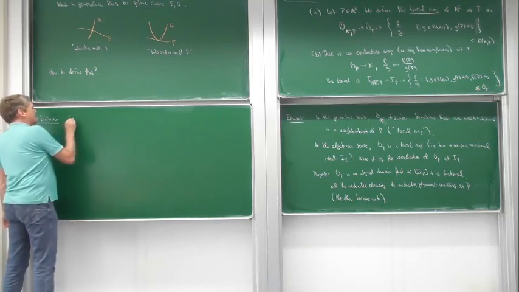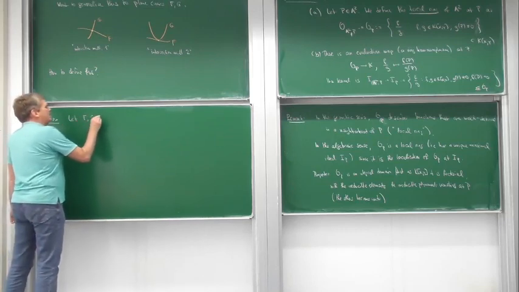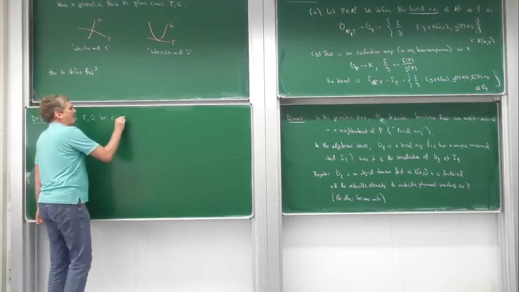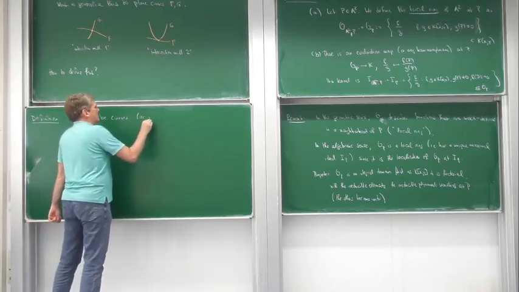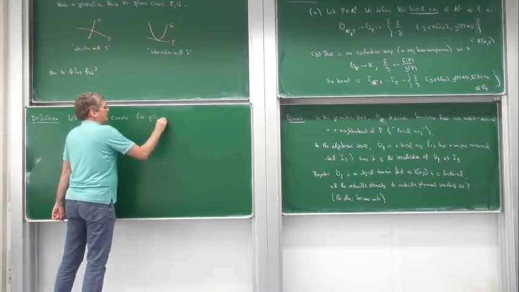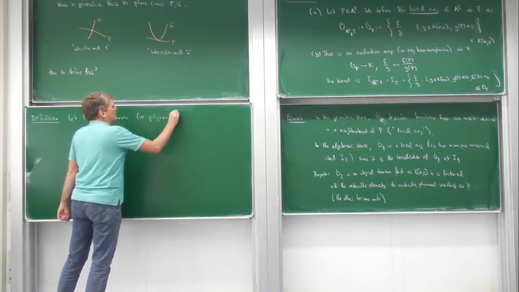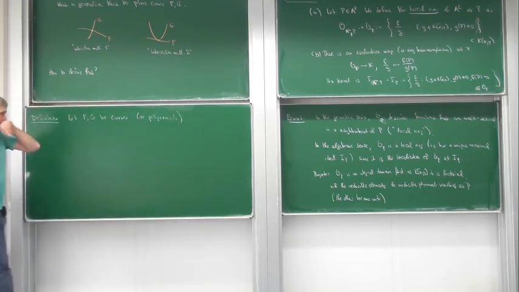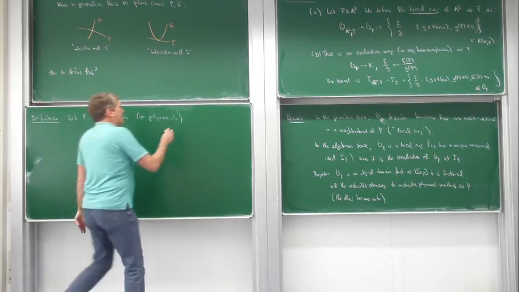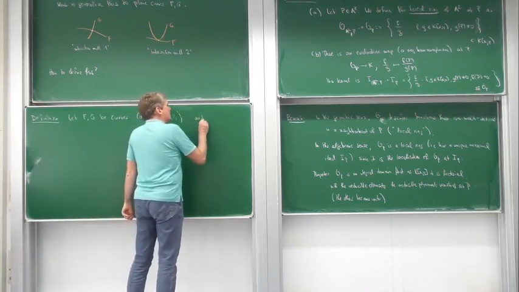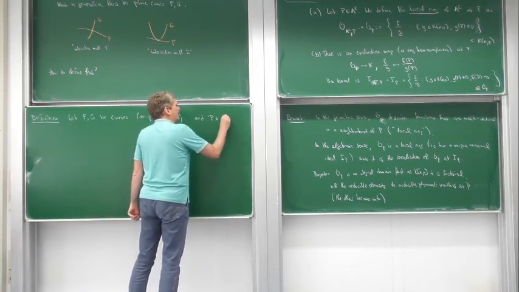So the definition: let f and g be curves or polynomials, doesn't matter. We use them as polynomials, but we only need it up to units, so that's fine. And p a point in A2.